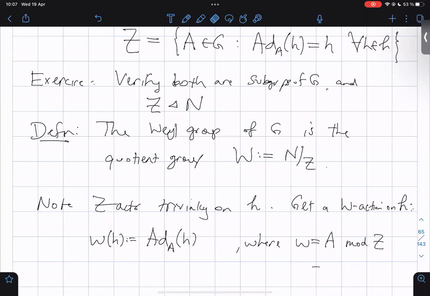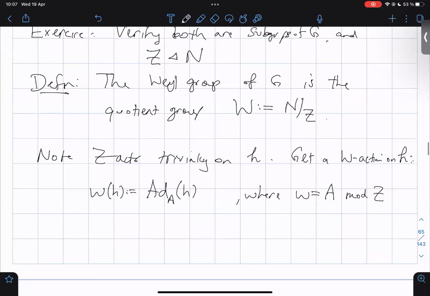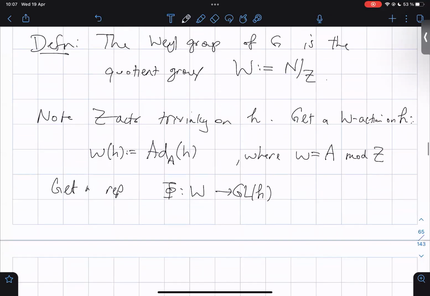So this is going to be well defined. So we're going to get a representation phi of this W on GL of H.